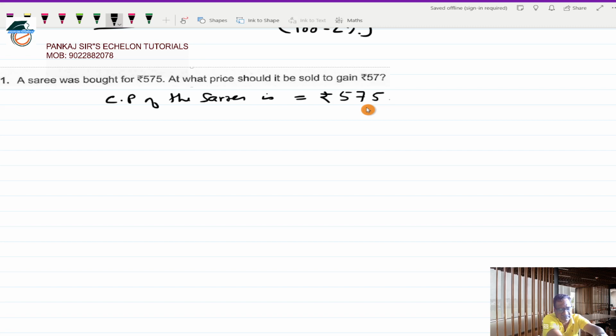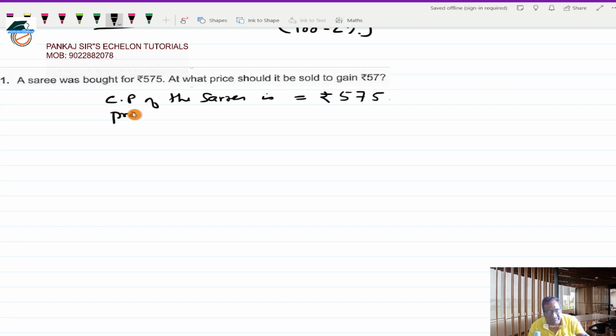Rupees 575 is given, the cost price of the sari. At what price should it be sold to gain rupees 57? So gain rupees 57 means profit is given.